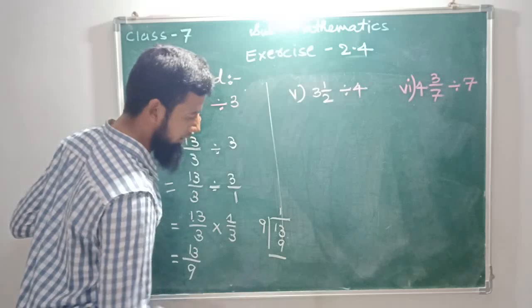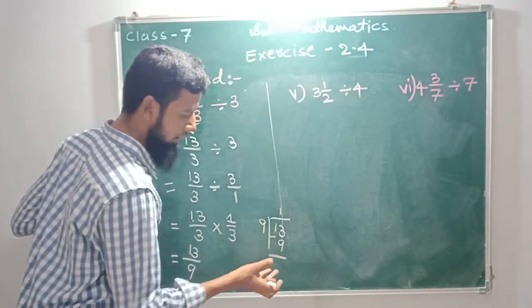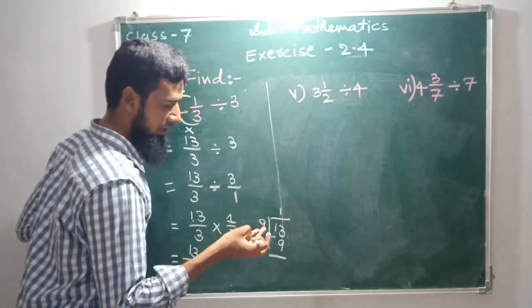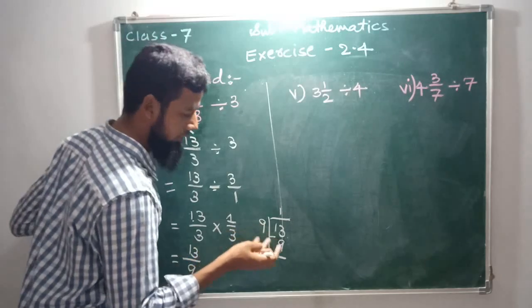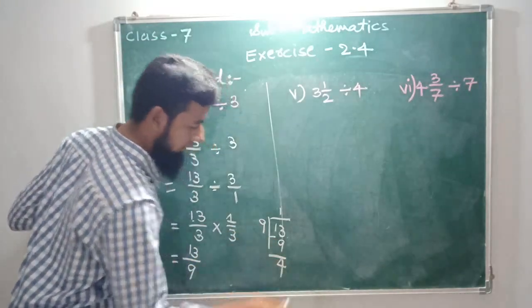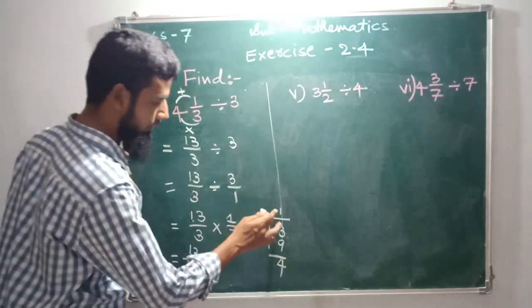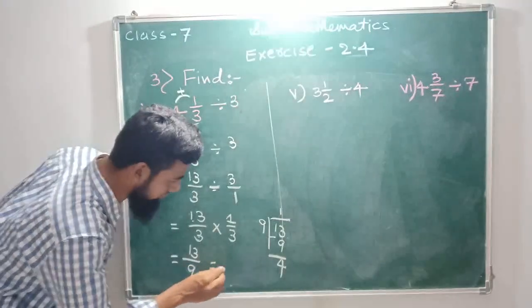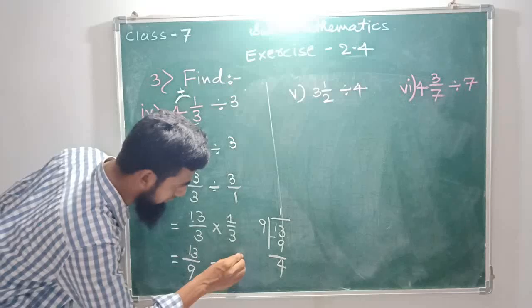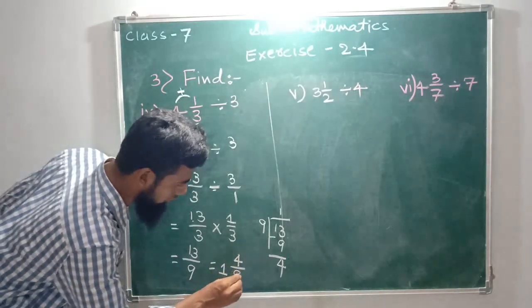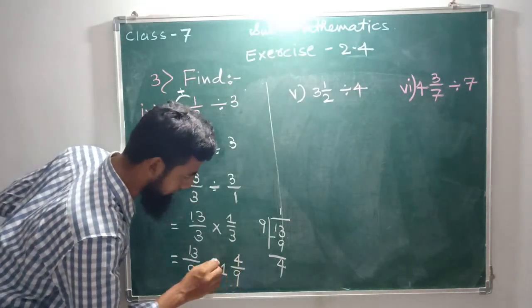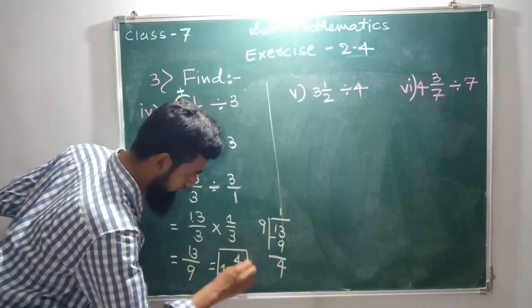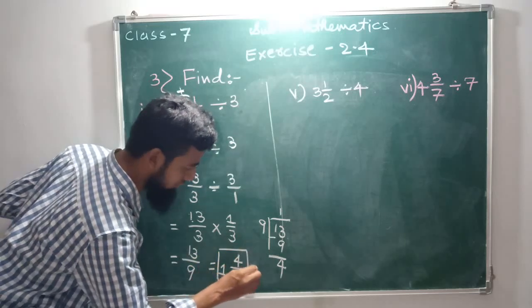So 13 minus 9, so 9, 10, 11, 12 and 13, the remainder is 4. The answer is 1 integer 4 upon 9. So it is your answer.